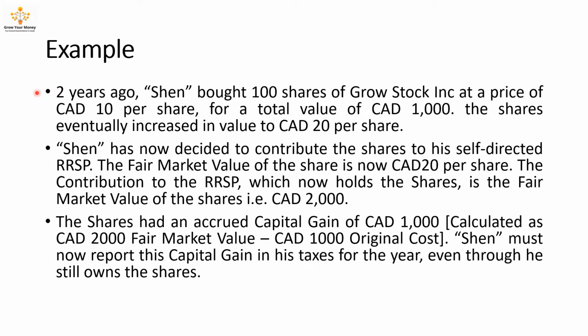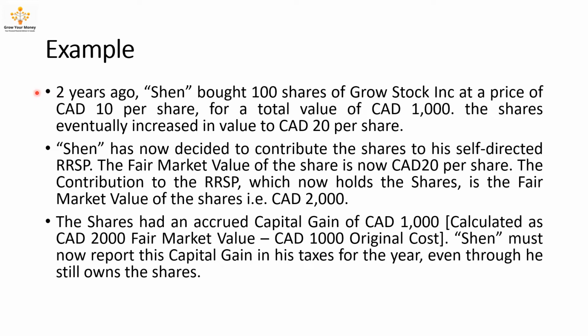Shen has now decided to contribute the shares to his self-directed RRSP. The fair market value of the shares is now $20 per share. Thus, the contribution to the RRSP, which now holds the shares, is the fair market value of the shares, that is nothing but $2,000.